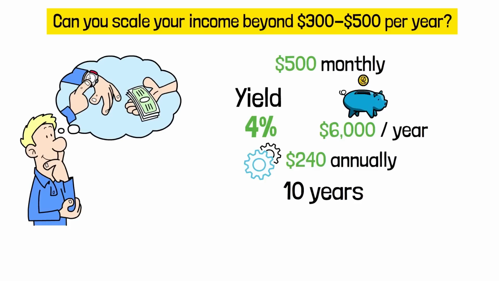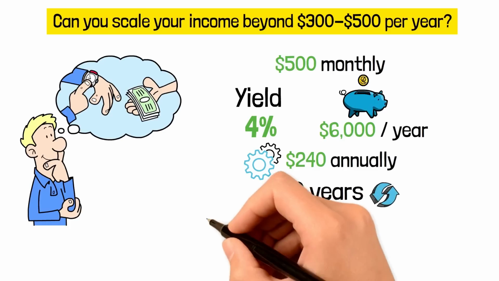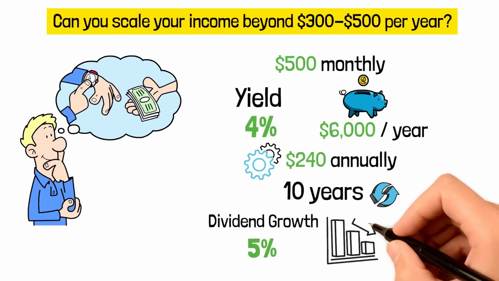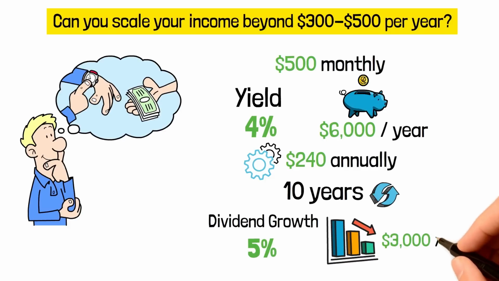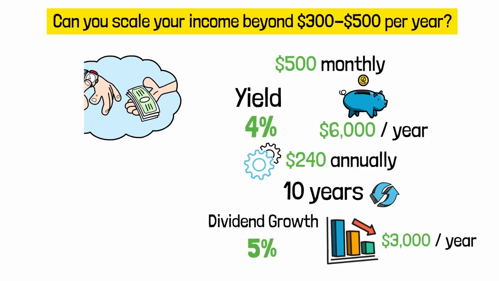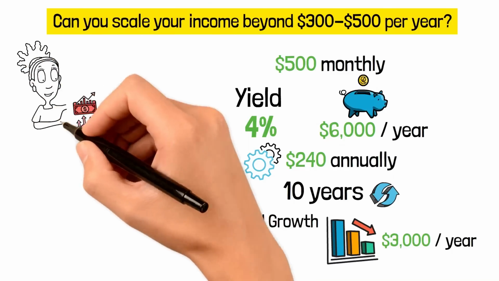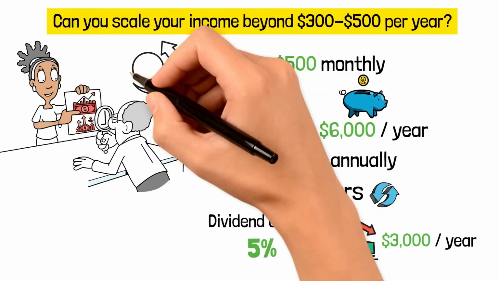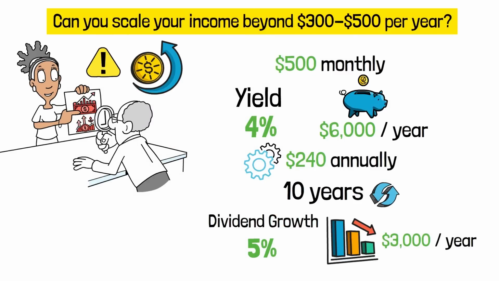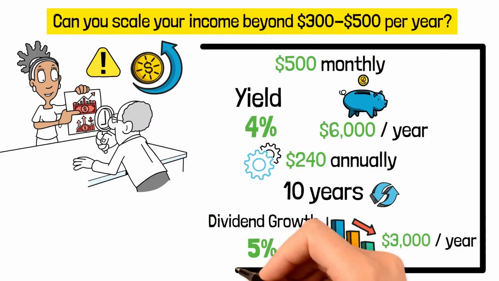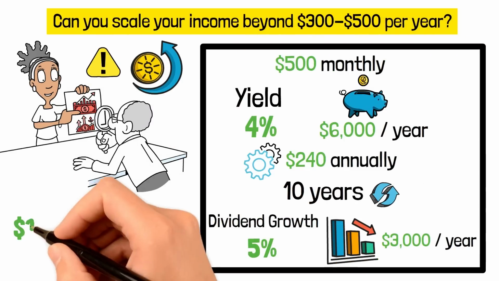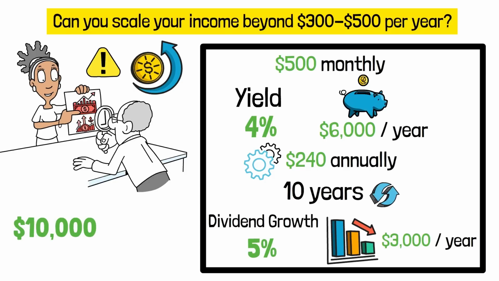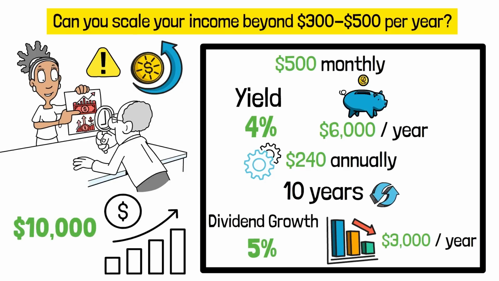After 10 years, with reinvestment and 5% dividend growth, your portfolio could produce over $3,000 per year in dividends. Alternatively, you could explore dividend-focused mutual funds or closed-end funds for higher yields, though they come with higher fees and risks. The key is consistency. Regular contributions and reinvestment can turn $10,000 into a meaningful income stream over time.